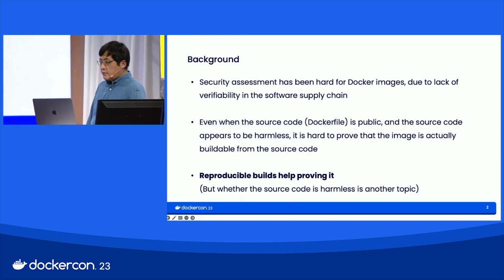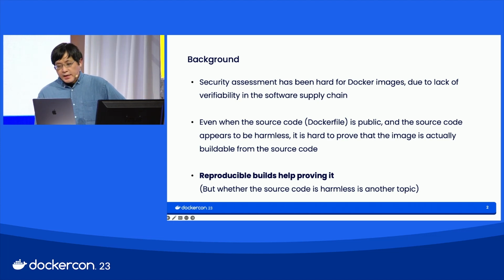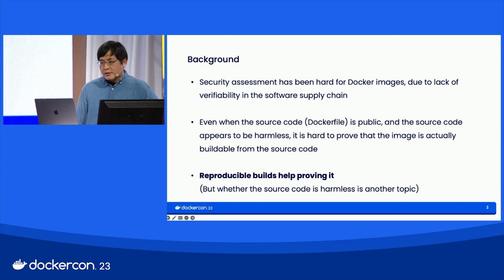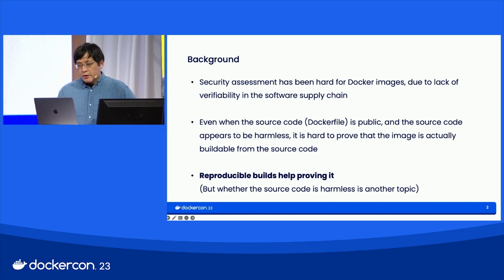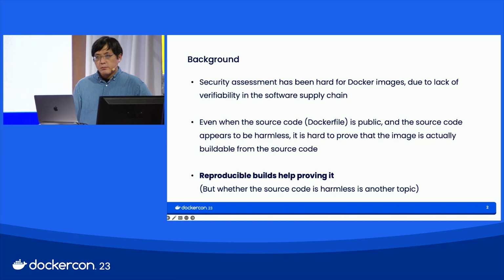Here is the background. Security assessment has been very hard for Docker images due to lack of verifiability in the software supply chain. When you want to verify an image on Docker Hub, maybe you can get the Dockerfile from the source code repo, and you can review the Dockerfile to see if it's harmful or not.